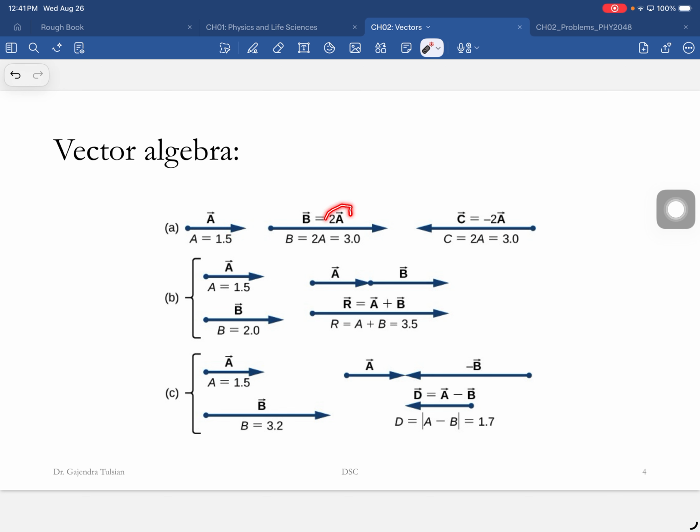You intuitively know what 2A would mean. It would mean a vector pointing the same direction as A, twice the length. Minus 2A is a vector of twice the length of A, pointing in the opposite direction. So the minus sign makes it point in the opposite direction. You already intuitively knew a few things.